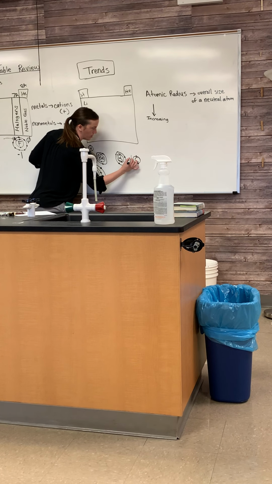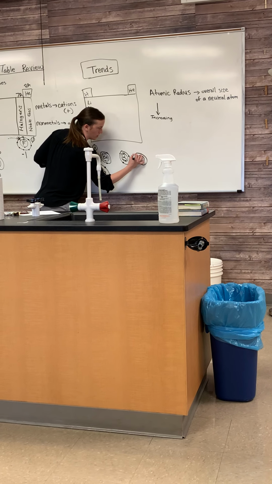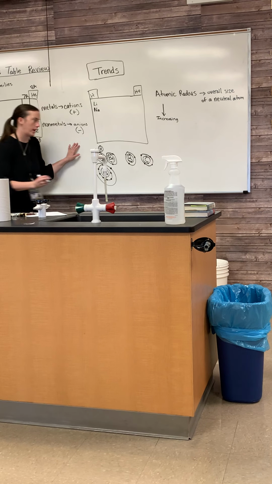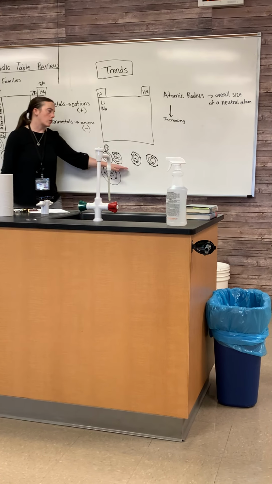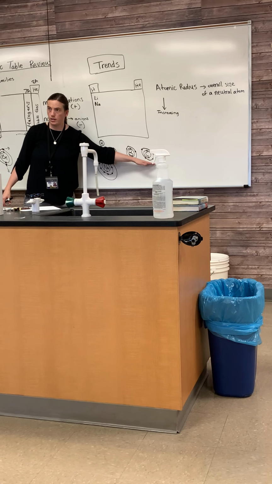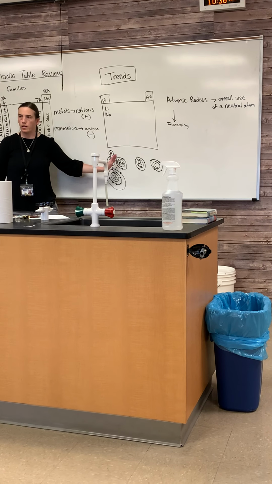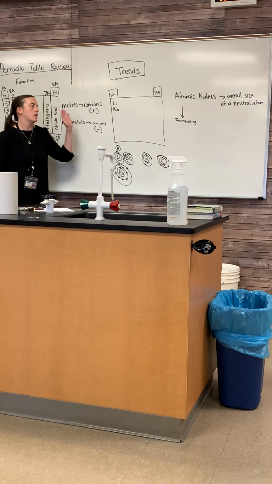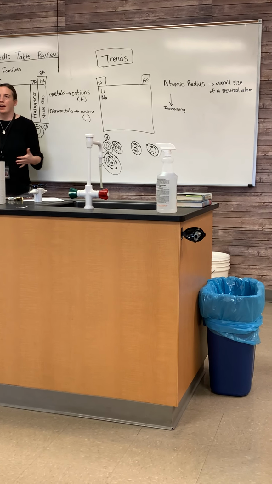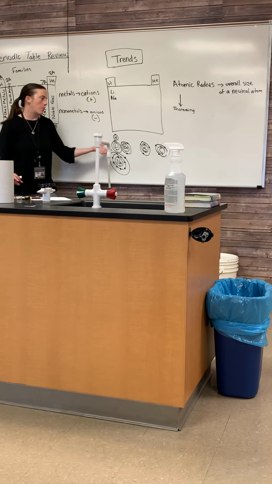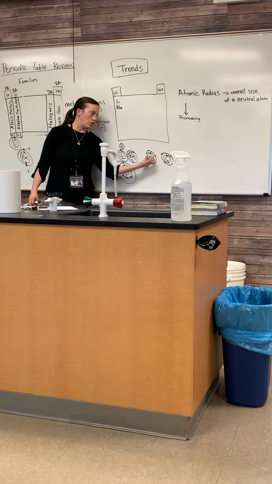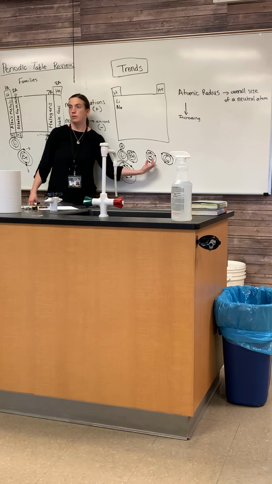The picture here is not going to do the justice that it deserves, but I'll explain myself, okay? So as we're going across a period, we're adding 1 electron to the valence electrons, correct? When that happens, the more valence electrons you have, the more attracted you are to the center of the atom.